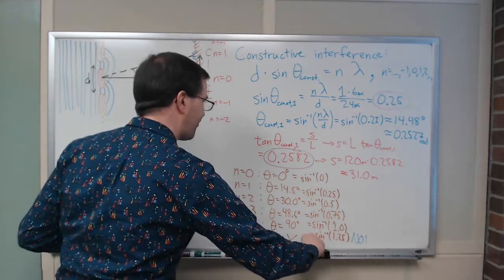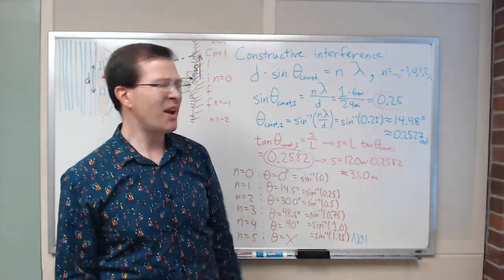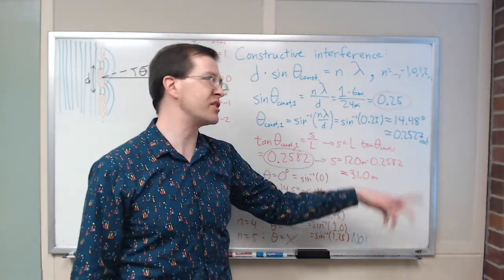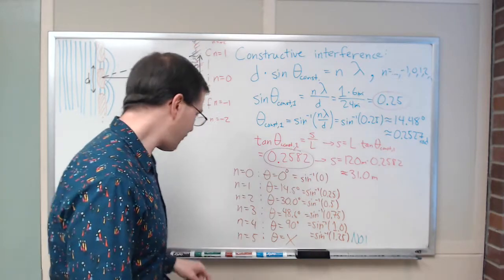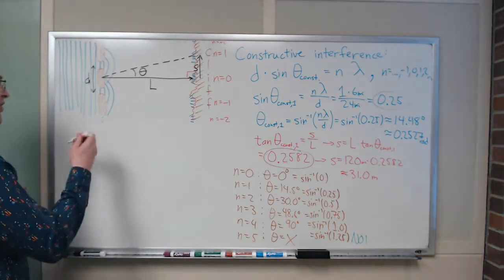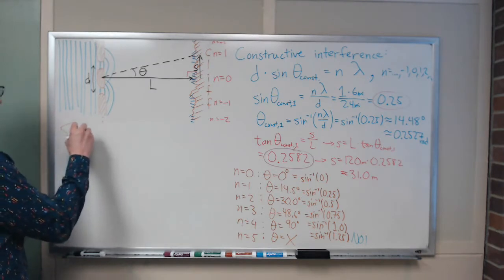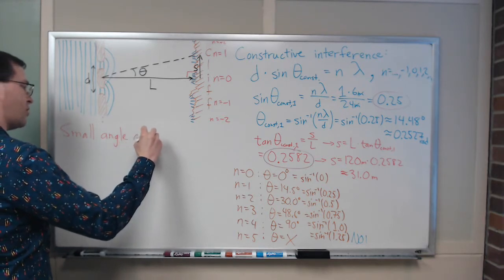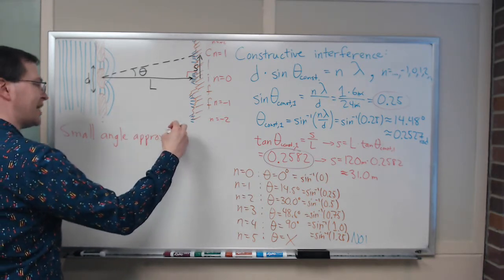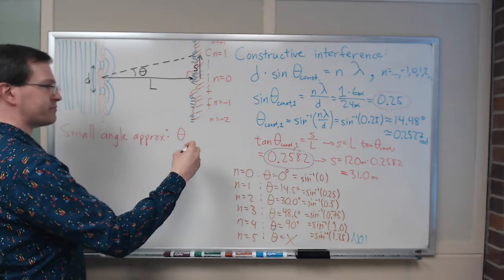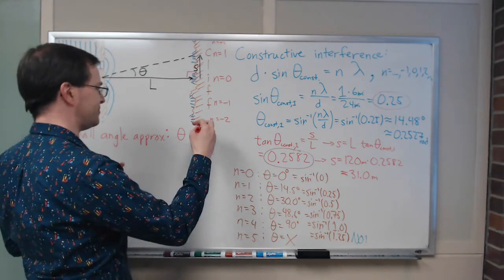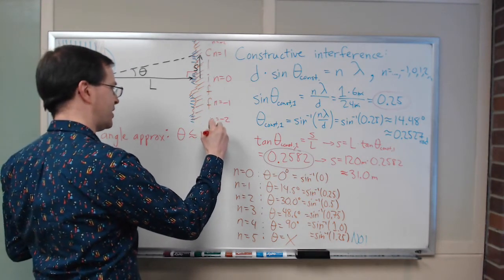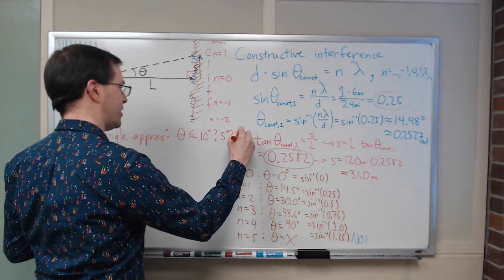I'm not going to derive it, but it is a handy thing. But if you have a small enough angle, 14 degrees maybe isn't quite small enough. Really, I'd like for this to be 0.1 or less, even smaller, 0.01 really. But for a small enough angle, we can do this small angle approximation. So again, that's theta less than or approximately, I don't know, 10 degrees, 5 degrees, 1 degree, whatever.